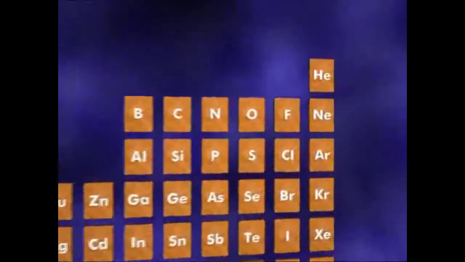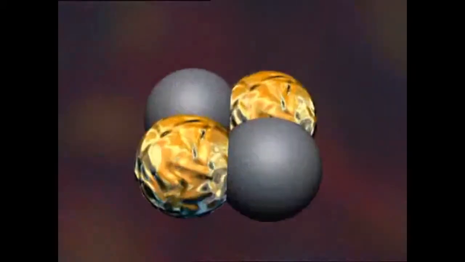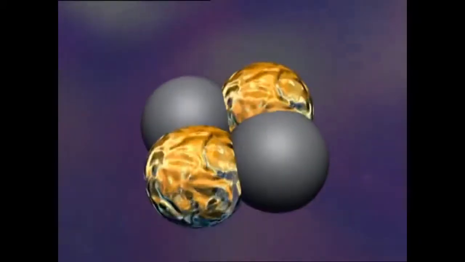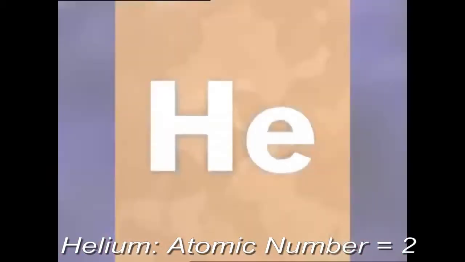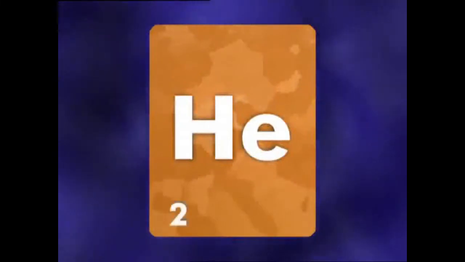So what about the next element in the table, helium? What's its atomic number? Helium has 2 electrons orbiting around the outside. In the nucleus there are 2 protons and 2 neutrons. The atomic number is simply the number of protons. So the atomic number of helium is 2.